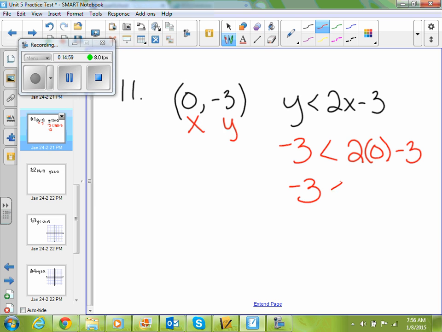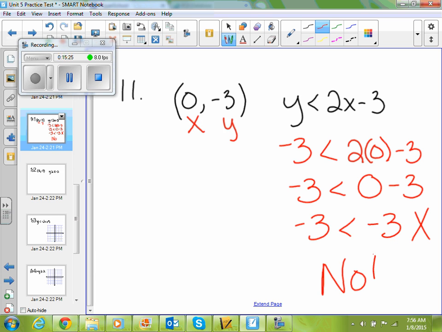So I get -3 < 2 times 0, which is 0, minus 3, and 0 minus 3 is -3. So I get -3 < -3. Is that true? No, right? -3 is equal to -3. -3 is not less than -3. So we put no, that is not true.